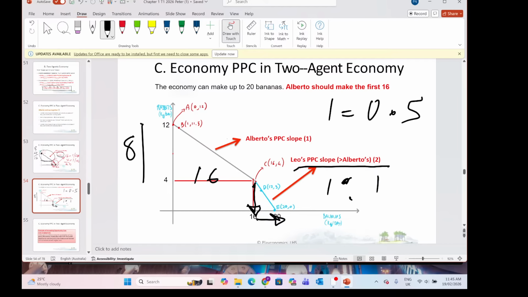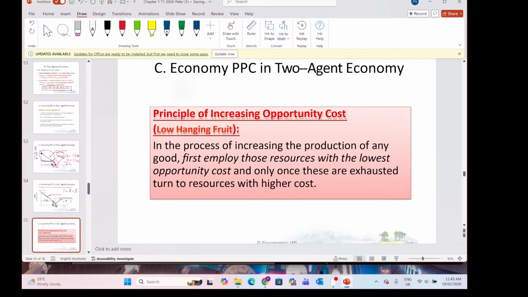They have to choose together, but they can have any combination they want along their production possibility curve. That's now their collective choice, and they're going to have to decide between them what number of goods they want.